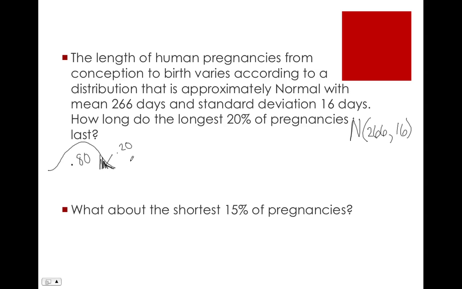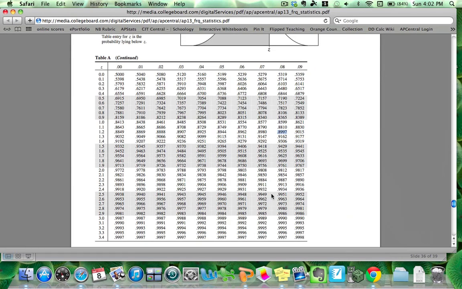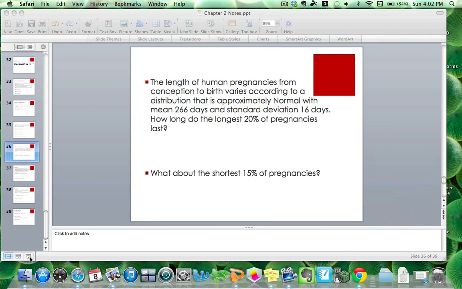I'm going to be looking for a positive z-score because this right here is above the mean. So let's go back to our tables, and I'm looking for 80%, and the closest one I see is right here, 0.7995, which if I trace over and up gives me a z-score of 0.84. So I know z is equal to 0.84.